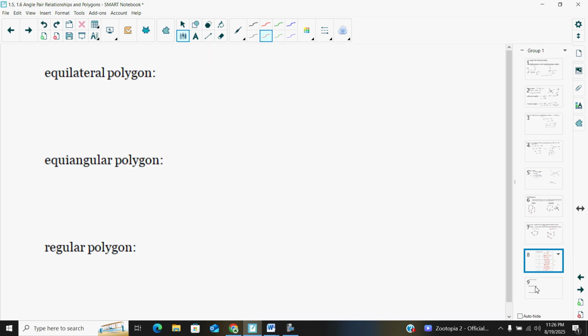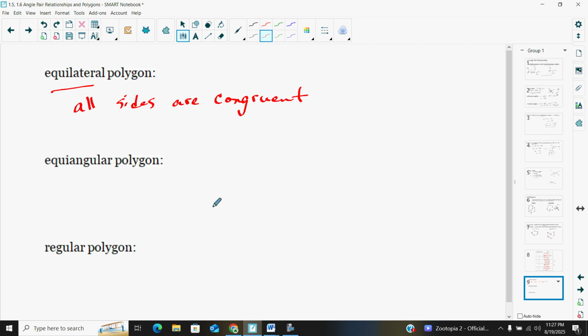Last couple definitions here. Equilateral, an equilateral triangle means all sides are the same. All sides are congruent. Equiangular, all angles are congruent.